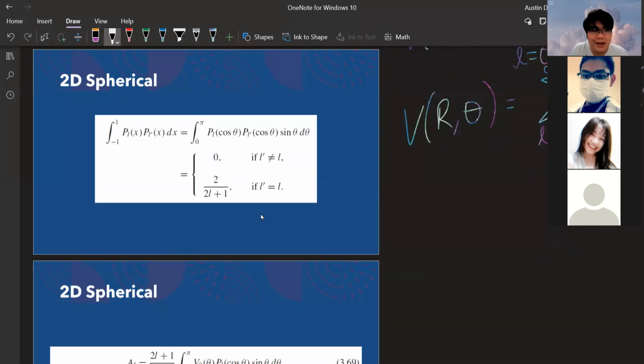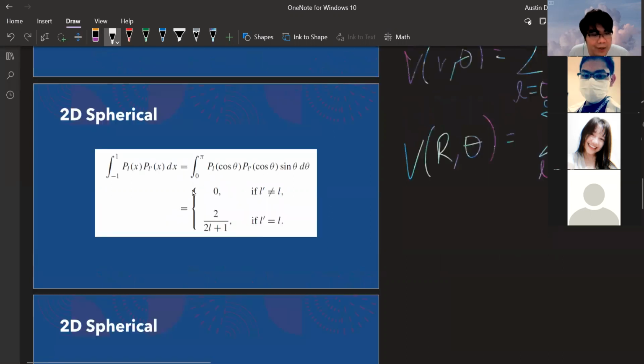So whenever you integrate P L of x and P L prime of x dx, ang mangyayari lang is magiging 0 siya whenever L prime is not equal to L. Okay? And then magiging 2 over 2L plus 1 siya kapag L prime is equal to L.